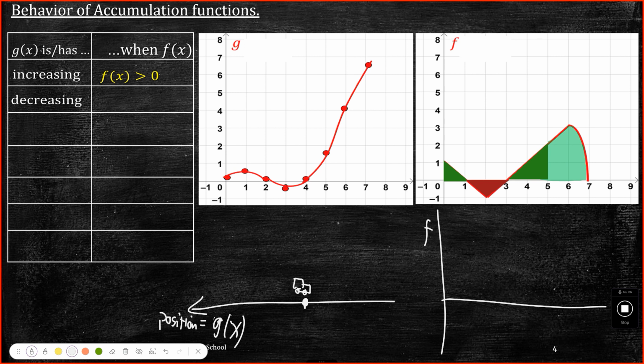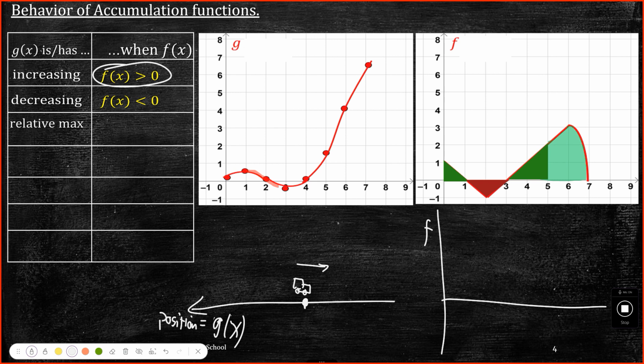It is decreasing when f is what? So when f of x is less than 0. Here's another way: G is increasing when velocity is positive, and decreasing when velocity is negative. Okay, moving on.